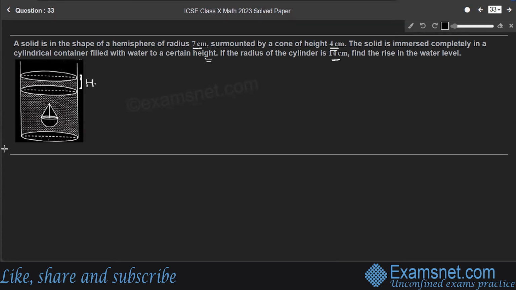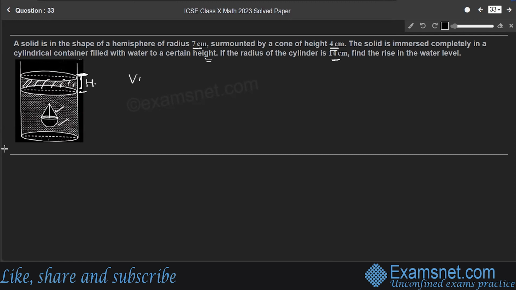Here the volume of rise in water, which is from this point to this point, is nothing but the sum of the volumes of the cone and hemisphere. When the cone plus hemisphere are immersed in water, there will be a rise in the level of the water. Therefore, the volume of rise in water is nothing but the volume of both cone and hemisphere.